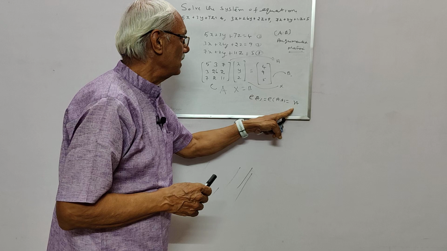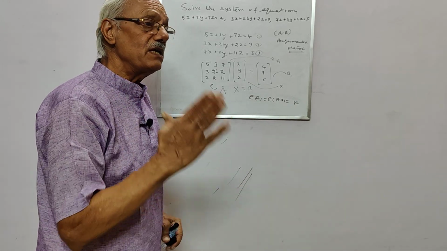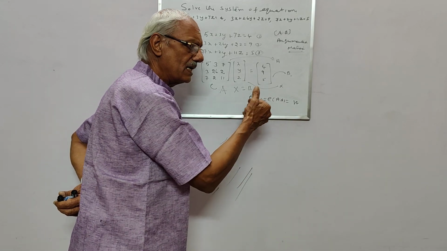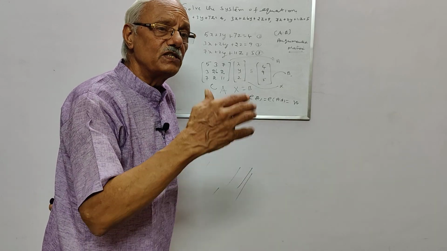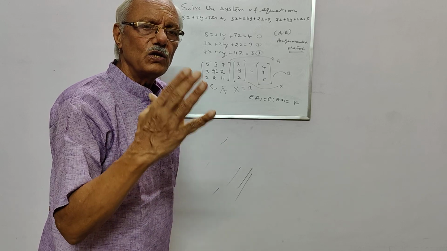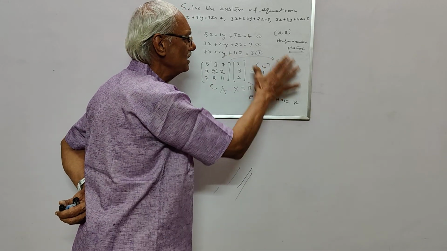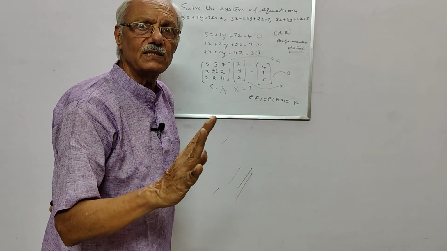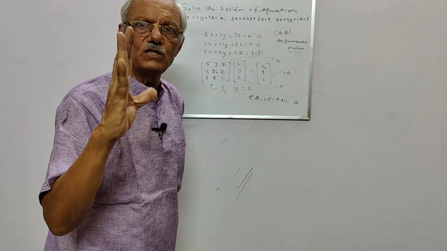We will take it as n unknowns. If it so happens that the rank of A is equal to the rank of the augmented matrix, which is also equal to n, then it has unique and definite solutions. Can you understand? That means the solution is definite, and x, y, z will have unique solutions.